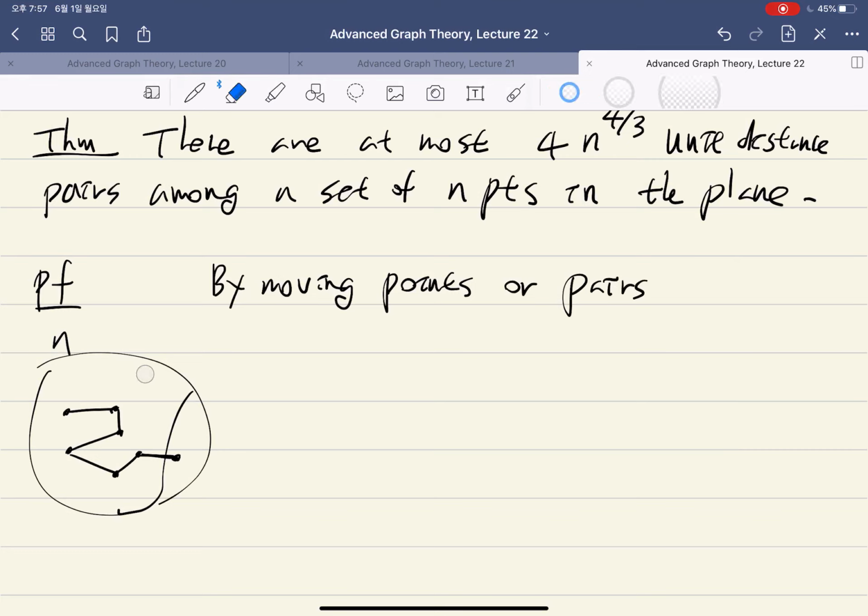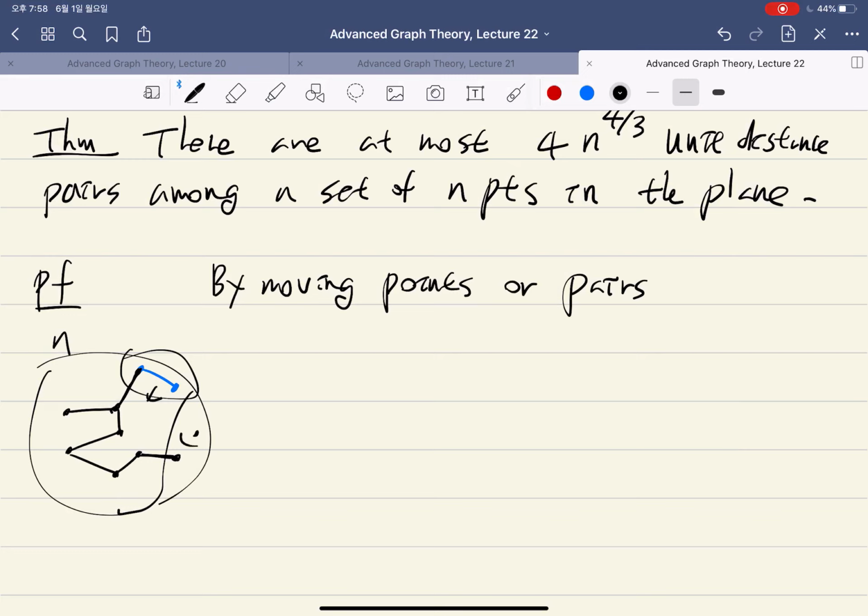Also, if there are two points which are distance 1 but not paired up with any other, then we slowly move them in one direction until one of the points becomes exactly distance 1, and then we stop there.